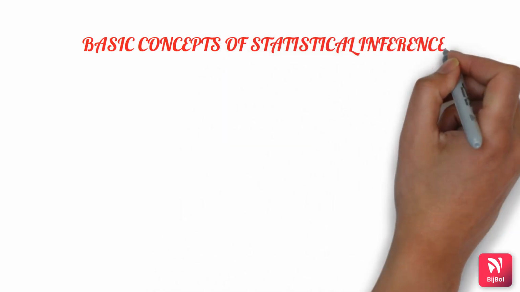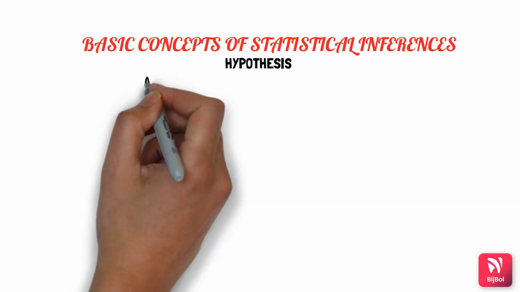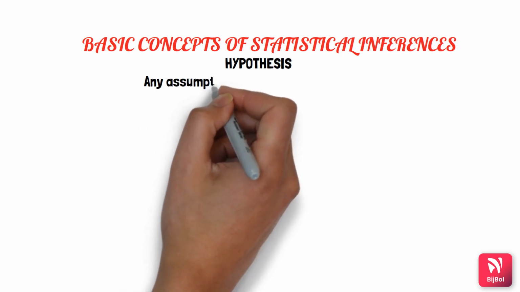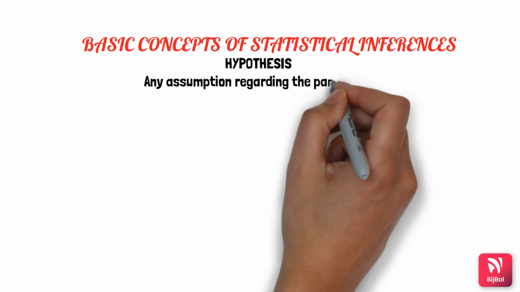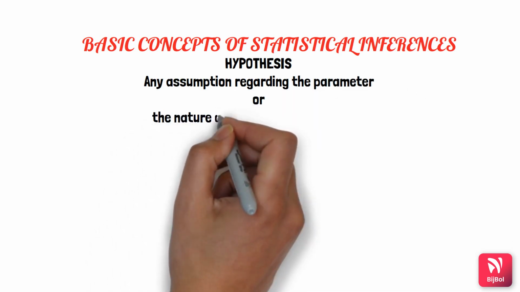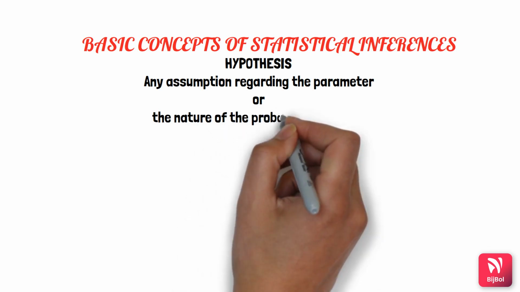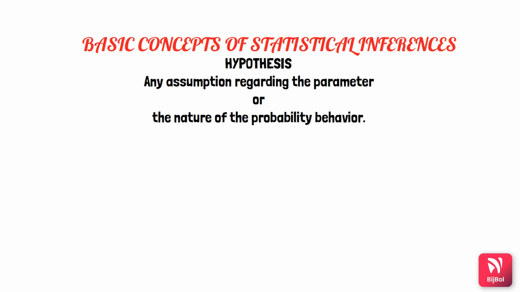So what is this basic concept? Before starting any study or any research, because we are trying to know about something, we give an assumption statement that is known as a hypothesis. A hypothesis is any assumption regarding the parameter or the nature of the probability behavior.